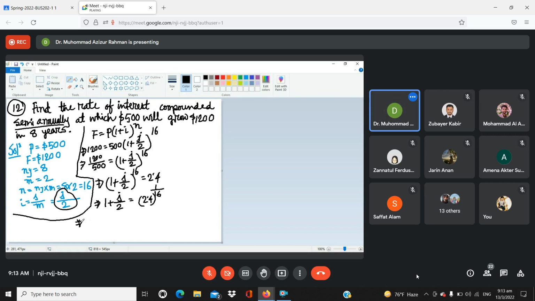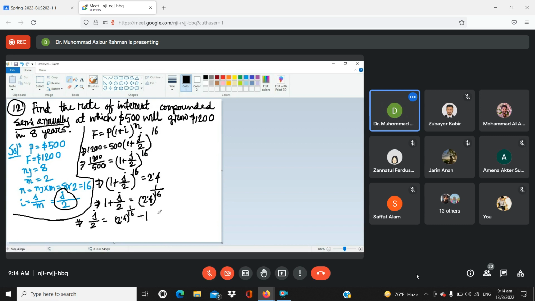So j by 2 equals 2.4 to the power 1 by 16 minus 1.